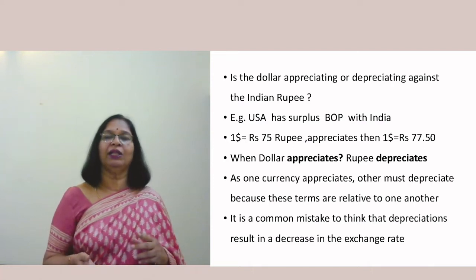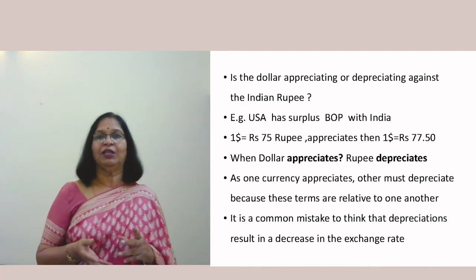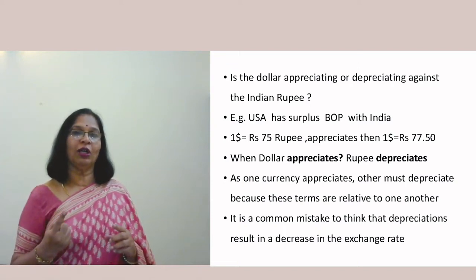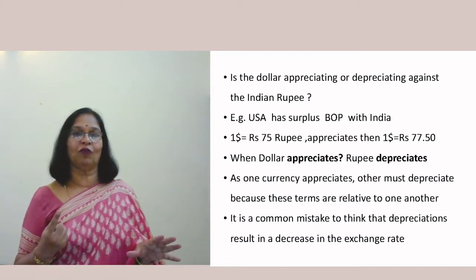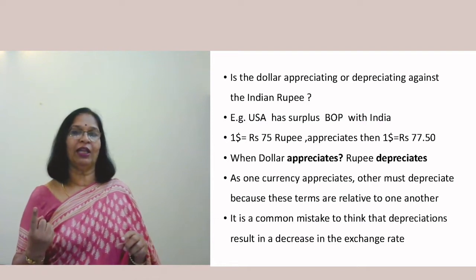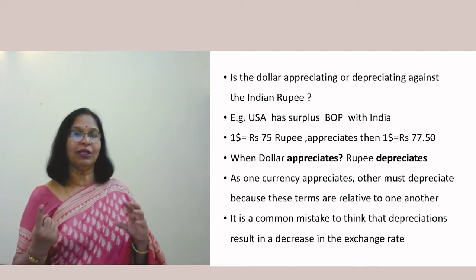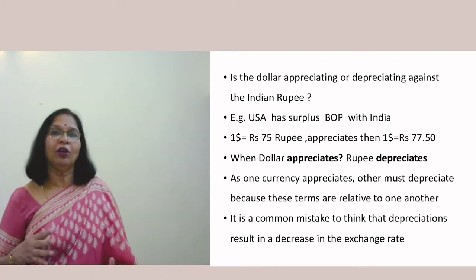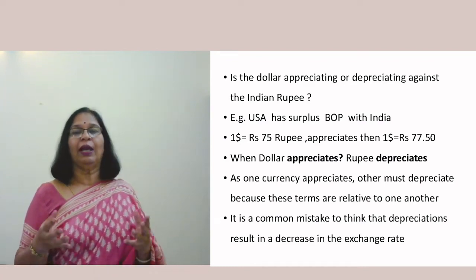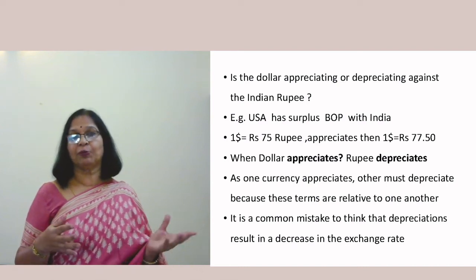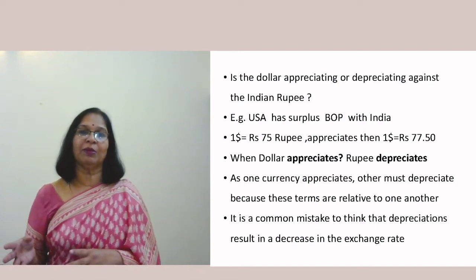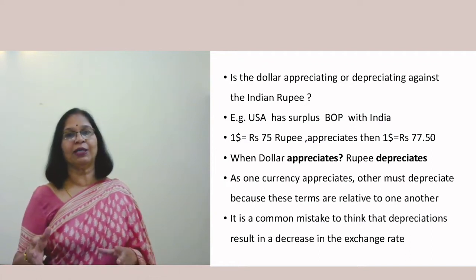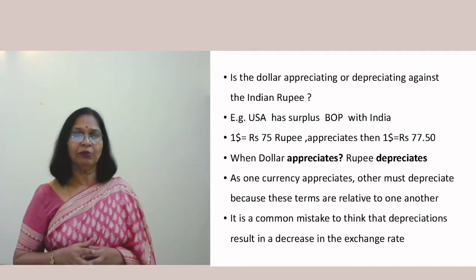On the other hand, the US economy will experience a different situation where the Americans will find that for every dollar they were getting earlier 75 worth of goods, now for every dollar that they are importing goods, they will get 77.50 worth of goods. So in the long run, this should be helpful to increase the exports from India to the USA, because the USA will find that it can get more goods for the same price than it was getting earlier.